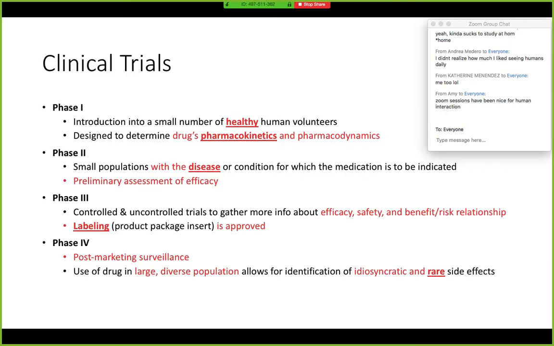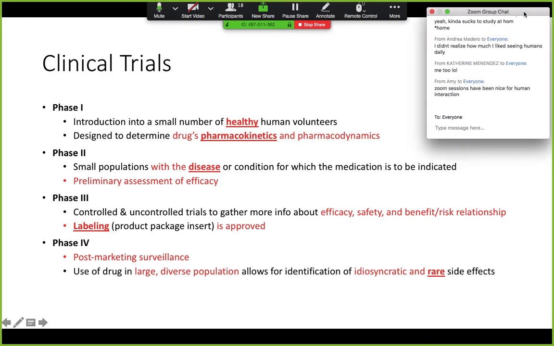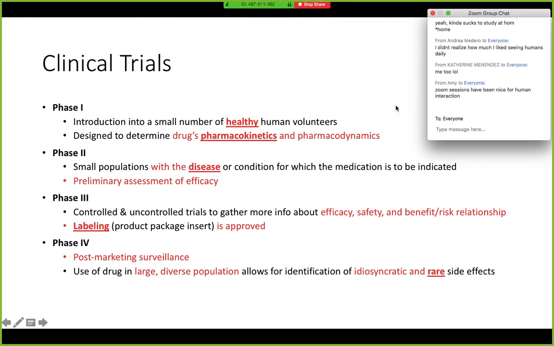Okay, so the first big topic here is going to be clinical trials, and I'm focusing on what she had in red, and we definitely had a question related to this last year. So make sure you know what is included in each of the 4 phases of clinical trials.